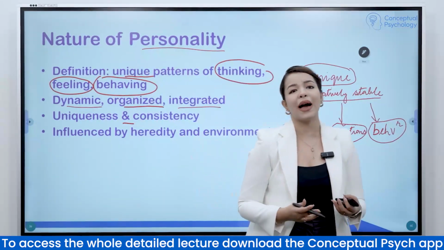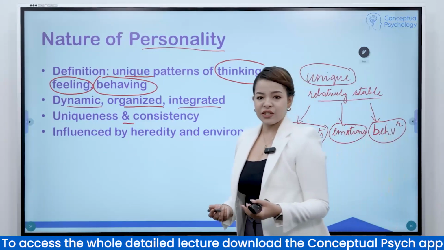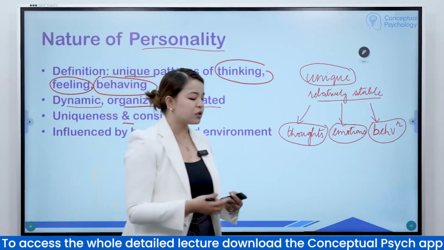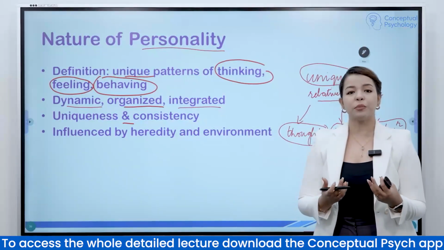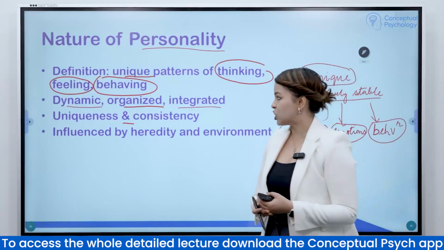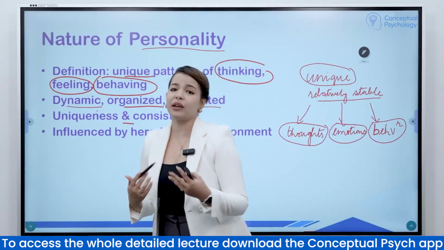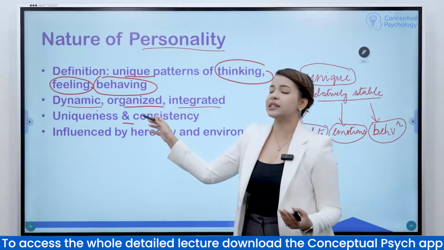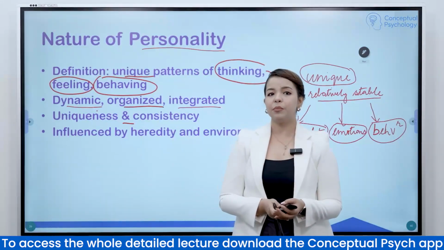Another reason why we call it dynamic is because we are social beings, right? We organize and adapt ourselves and also evolve, yet there is some part of us which remains consistent over time and across situations. That is why it's called dynamic: because it's ever evolving, but also in some manner consistent, organized and integrated in our personality.